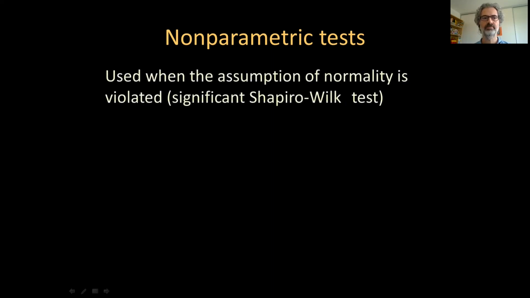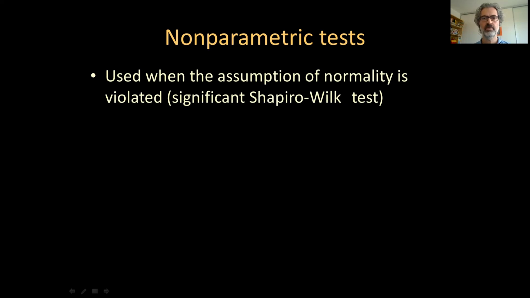What are non-parametric tests? Why do we use the word non-parametric? Because these tests do not depend on parametric assumptions, so assumptions about parameters in the populations that we are sampling. So these are tests that can be used when the assumptions for the parametric tests do not hold.